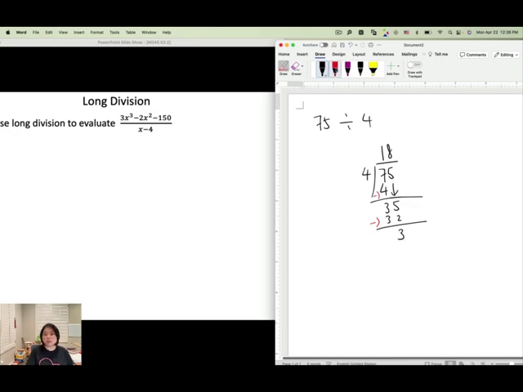Okay, so I need you guys to remember these terms. The 75, this number, we call the dividend. And then the 18 here, we call the quotient.